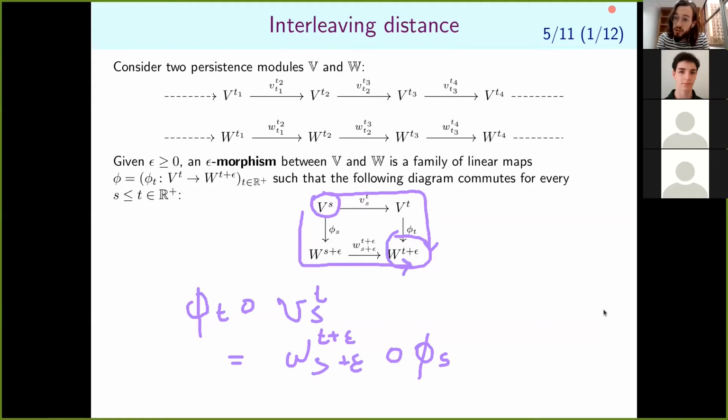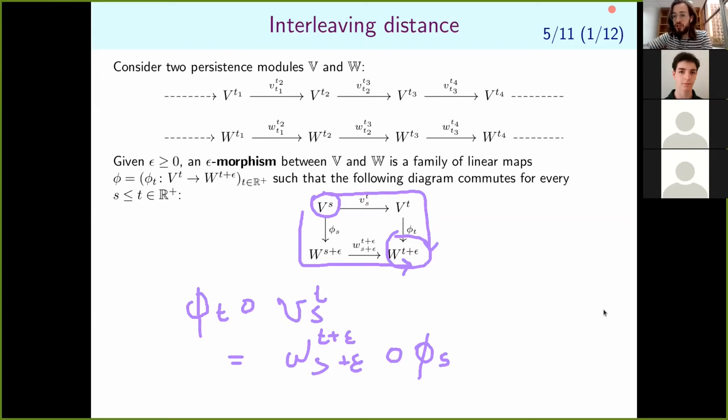If my collection of morphisms satisfies this commutativity for every value of s and t, then I have an epsilon morphism. The idea is that you cannot only ask for a family of morphisms, because persistence modules have a structure.